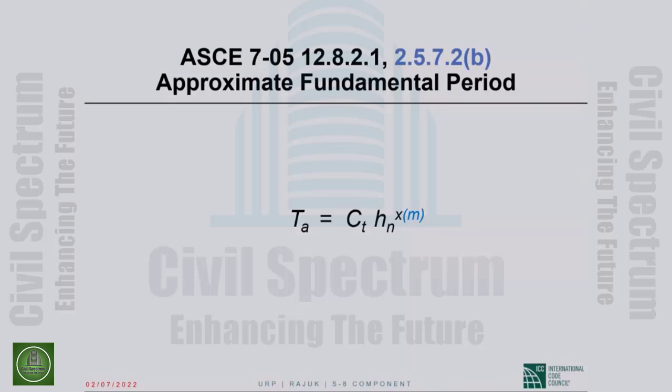So C sub T times height raised to the power something. This tells you that the approximate period cannot be, quote unquote, the real period of the structure, because it is a function only of height.